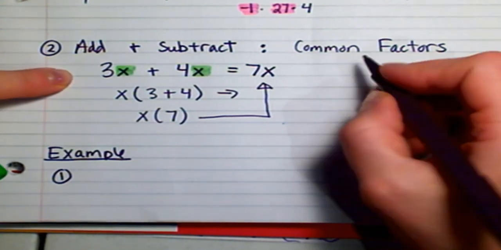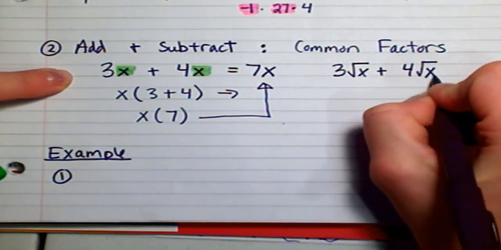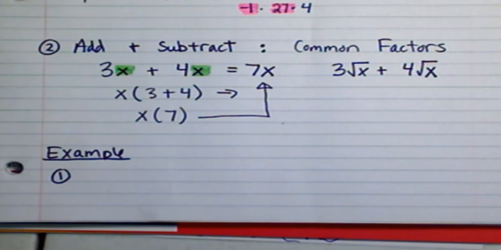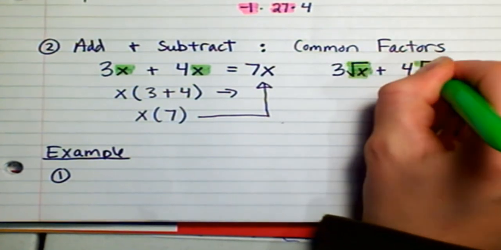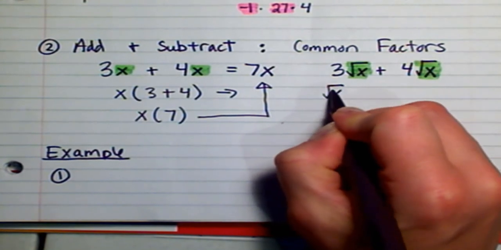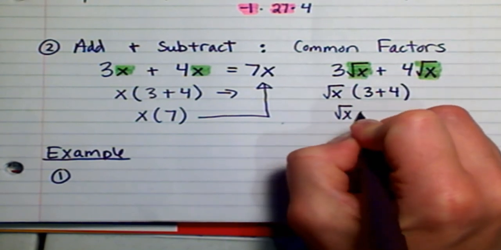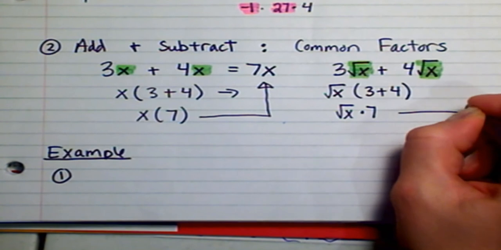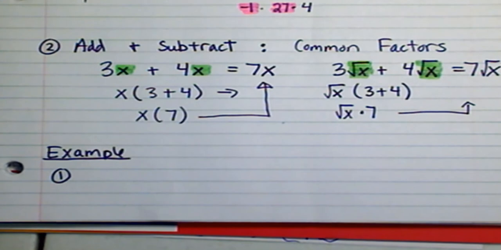I'm going to do a similar example here, 3 root x plus 4 root x. Okay, so in order to add or subtract, you're looking for common factors, which are same variable, same power, same root. Okay, see this? The common factor comes out and we add, which we usually write our coefficients in front.